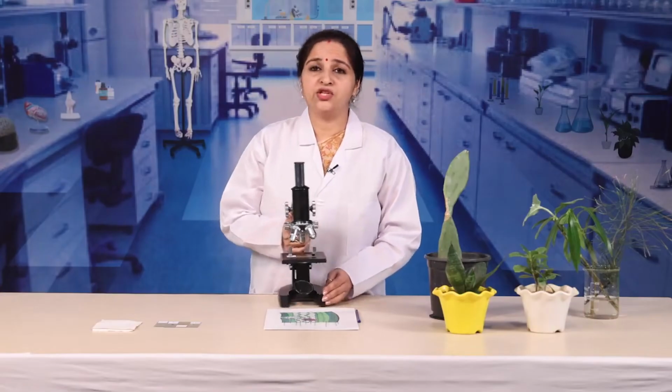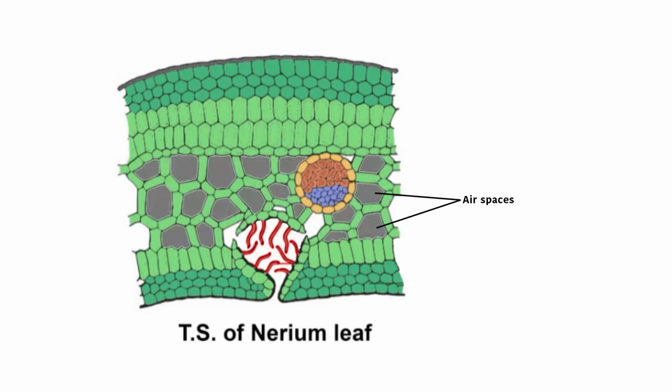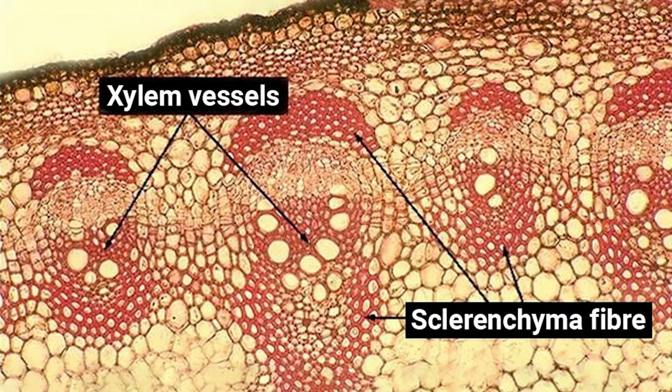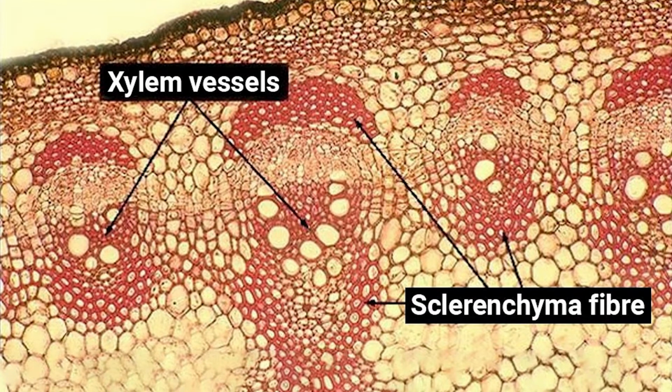Besides gaseous circulation, air spaces also help them to float in water. Xylem and sclerenchyma are poorly developed as the plant does not have any requirement for these structures.